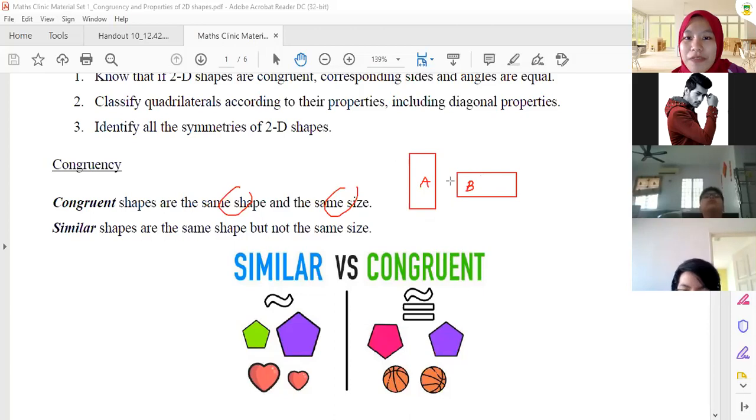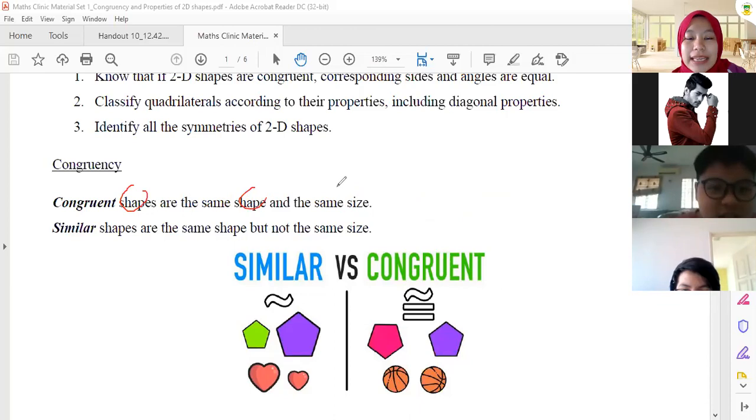But if you have A, B, and C here, A and C are not congruent. They are similar, but they are not congruent, because congruent shapes are the same shape and the same size. Similar versus congruent. Similar is not congruent.